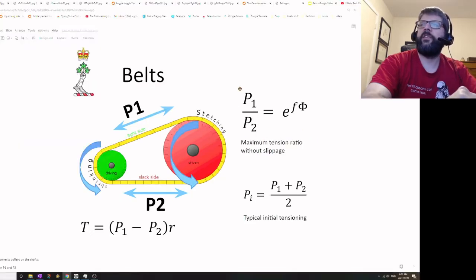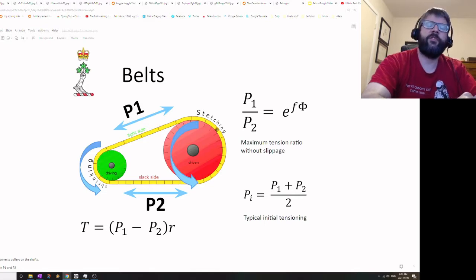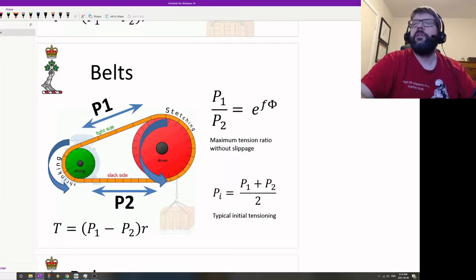Where f is the coefficient of friction between the belt and the sheaves in question, based upon the materials that we're working with, and phi is the angular coverage. For example, for the driving element, the angle would be measured based upon this point of contact here and this point of contact here. So it's this arc here.